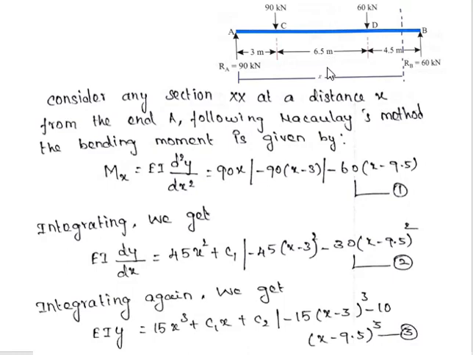Its distance is x minus 3, because x is the total distance from a point to this XX dash. So I subtract this 3 to get the intermediate distance from the 90 kilonewton. So we put minus 90 into x minus 3.